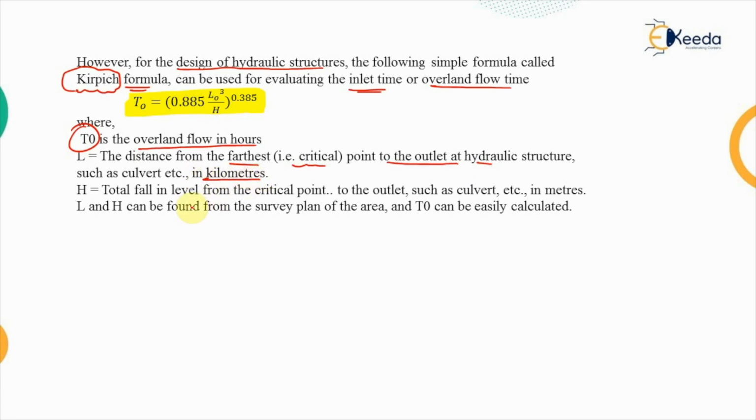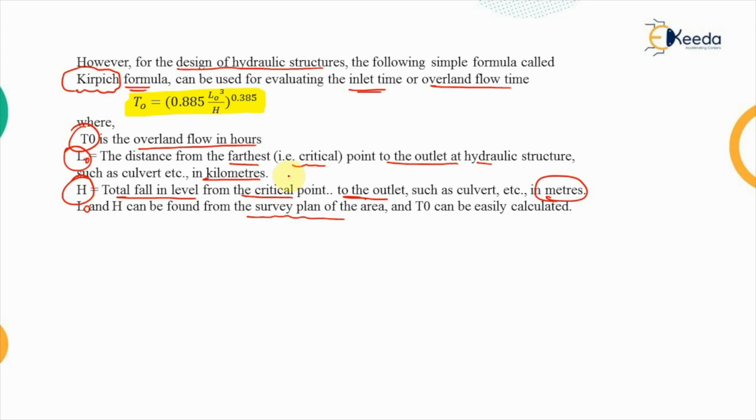In the previous calculation, we were using the time. In this relationship, we are using the distance L. H is the total fall in level from the critical point to the outlet, and that is in meters. Both these L and H are found out from the survey plan of the area, and based upon that, this T naught value can be easily calculated.